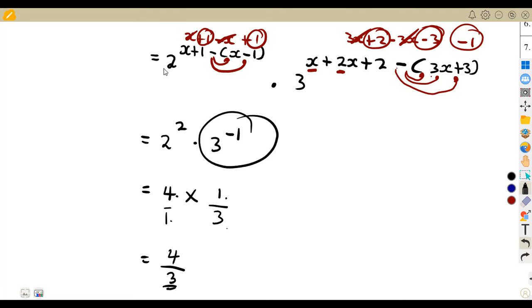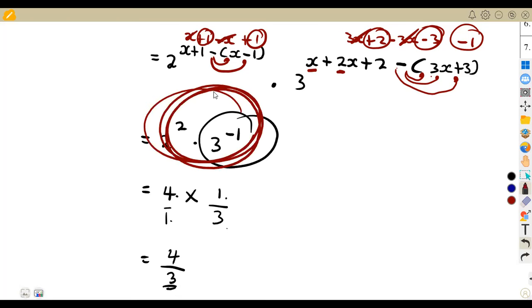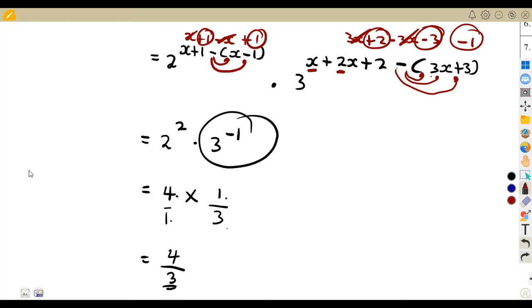All right, but I always say at a simple stage like this, there is no mark for any working that you show there. The last mark is for the answer. So just use a calculator from that stage. Simplify directly on your calculator.